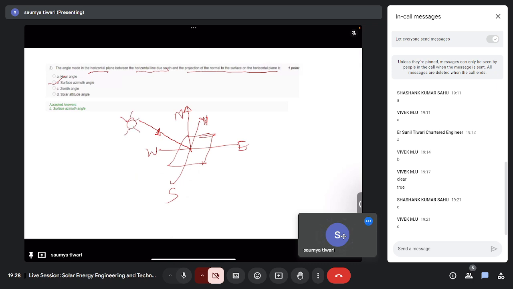The angle made in the horizontal plane between the horizontal line due south and the projection of the normal to the surface on the horizontal plane: if we take the projection of this normal on the horizontal plane, this is the projection. The angle between these two is the surface azimuth angle, denoted by gamma. Hope this answer explanation is clear.